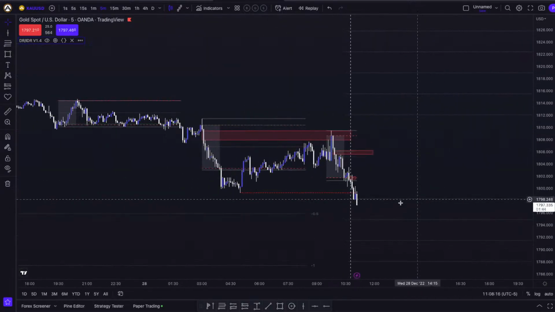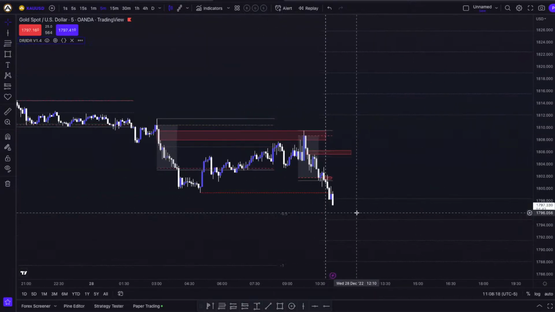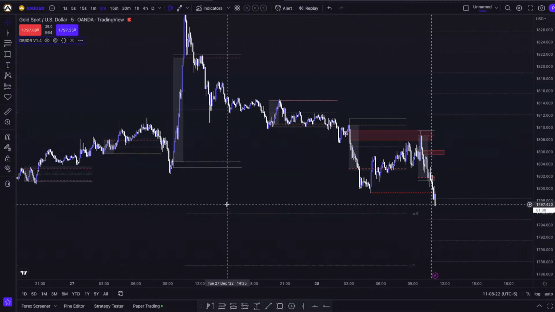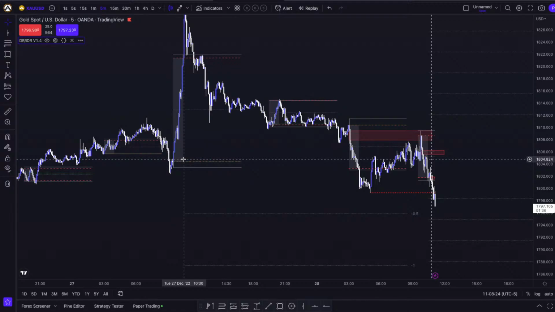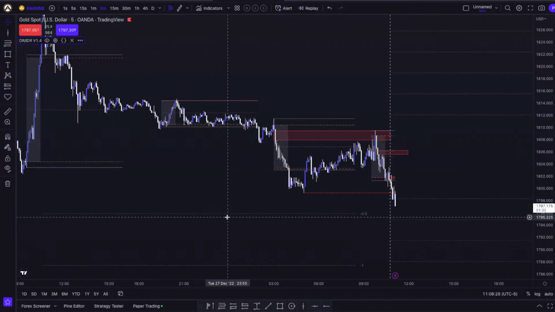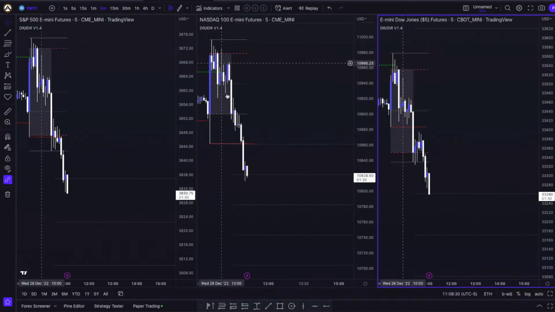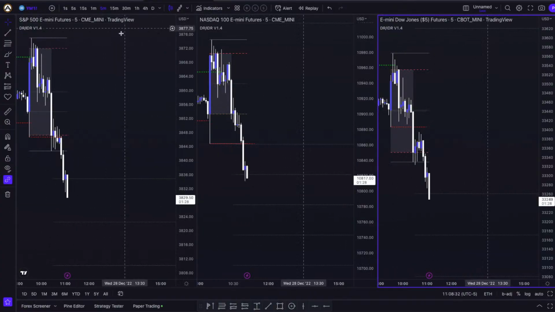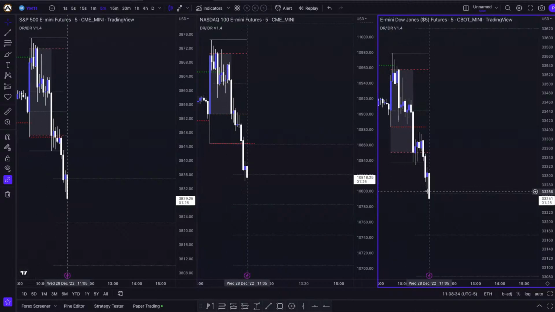Same for gold. Gold is also continuing lower, maybe heading towards our negative 0.5 standard deviation from yesterday's range, which could be the next overall target. All right. And we're dropping.